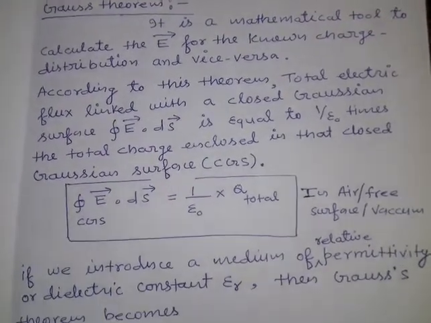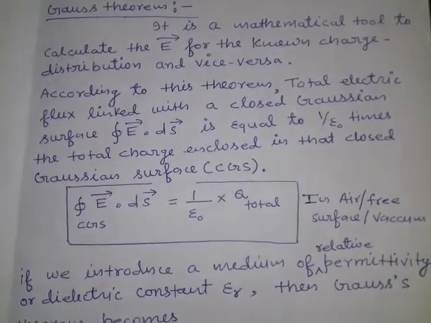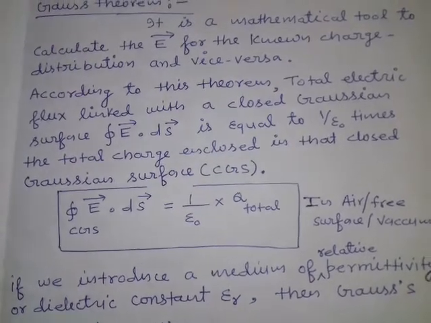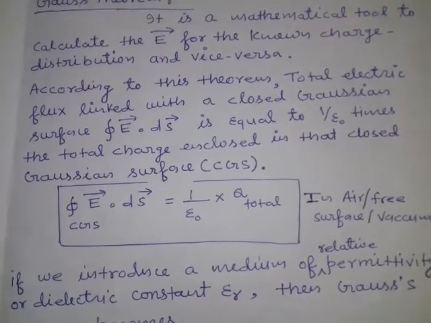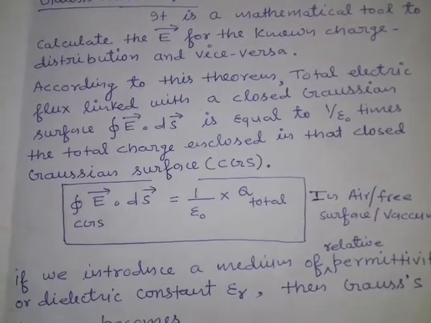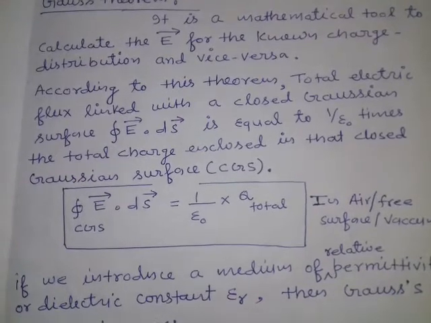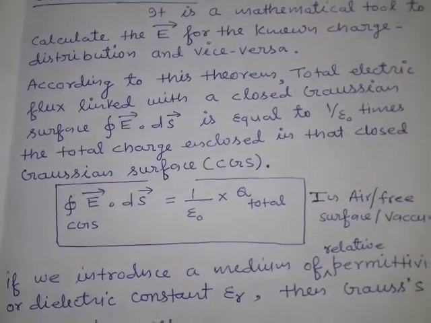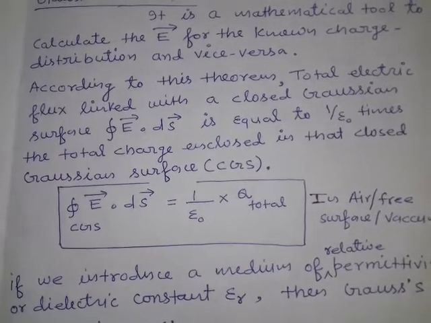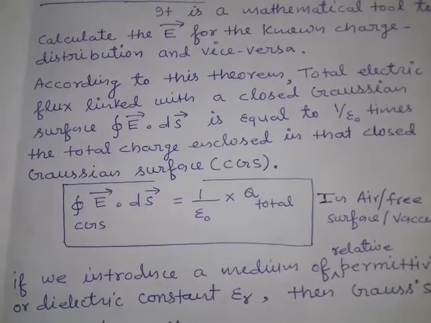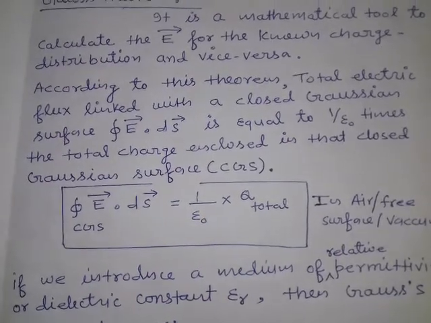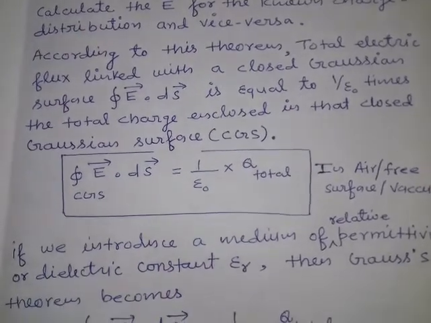So focus, what is the statement of Gauss theorem? According to this theorem, total electric flux linked with a closed Gaussian surface, integration over closed surface E dot ds, is equal to 1 upon epsilon naught times the total charge enclosed in that closed Gaussian surface.